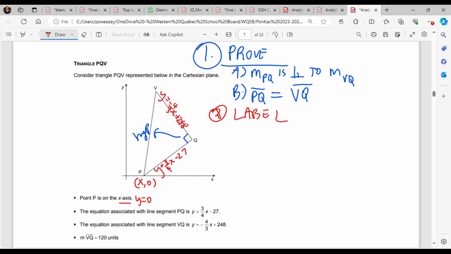Doesn't make a huge difference, but it also doesn't hurt. And then the last thing they say is, hey, measurement of VQ, and you know it's a measurement because of the line segment on top of it. It is kind of annoying that we use slope as M, but anyway, that's just the way they write things. So they're basically saying from here to there is 120.